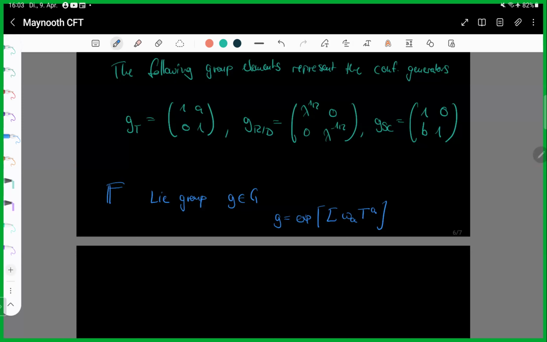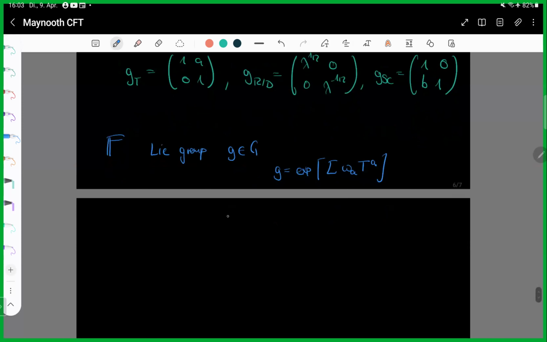So a Lie group is going to be, for instance, take the sphere. It's going to be some blob, like a manifold, and at a point on the manifold, you can add a tangent space.